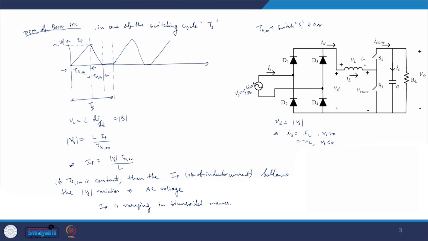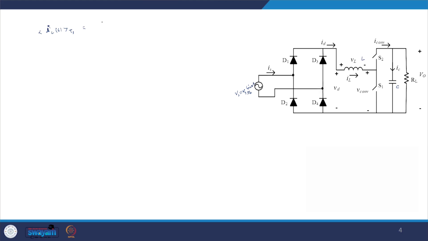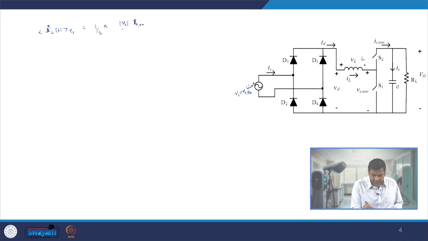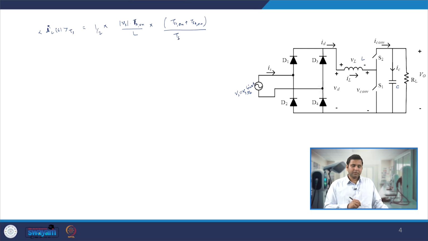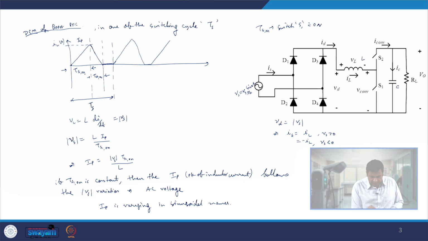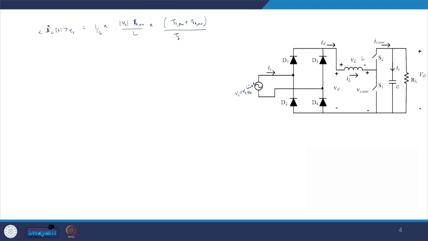So during this time I can write the average value as half times modulus Vs times Ts1 on by L, multiplied by Ts1 on plus Ts2 on divided by Ts. This we can write because this is Ts1 and Ts2, divided by Ts.